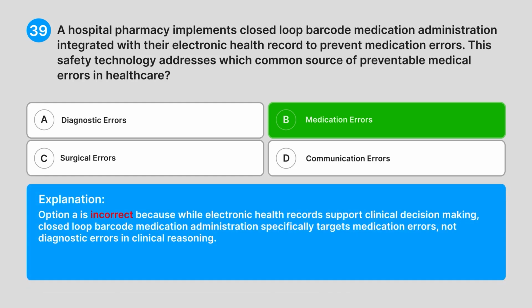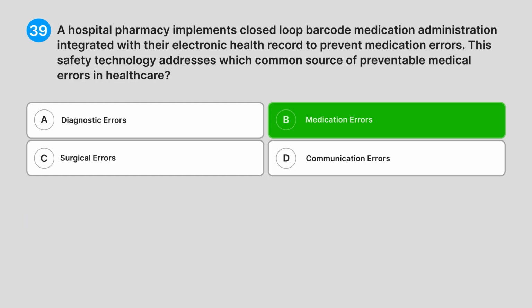Option A is incorrect because while electronic health records support clinical decision-making, closed-loop barcode medication administration specifically targets medication errors, not diagnostic errors in clinical reasoning.